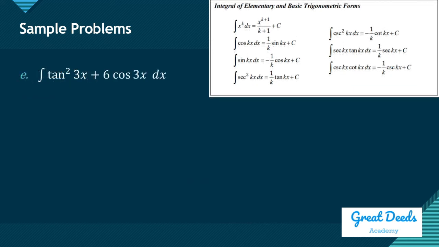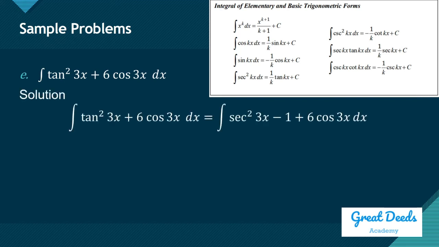Let us get the integral of the square of tangent of 3x plus 6 times cosine of 3x dx. Do we have square of tangent of x in our list? No, we don't have it. But there is an identity that can help us with the square of tangent of x. Okay, and what is that? Look at this.